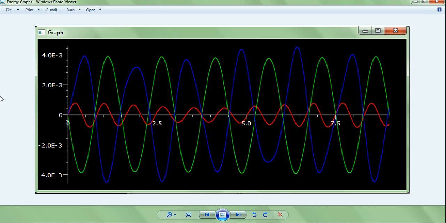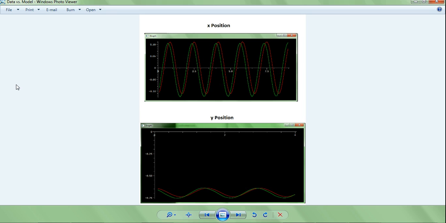And here you can see what I got when I ran the model and plotted the graphs of all the energies. The red graph is the kinetic energy, the green is the gravitational potential energy, and the blue is the spring potential energy.